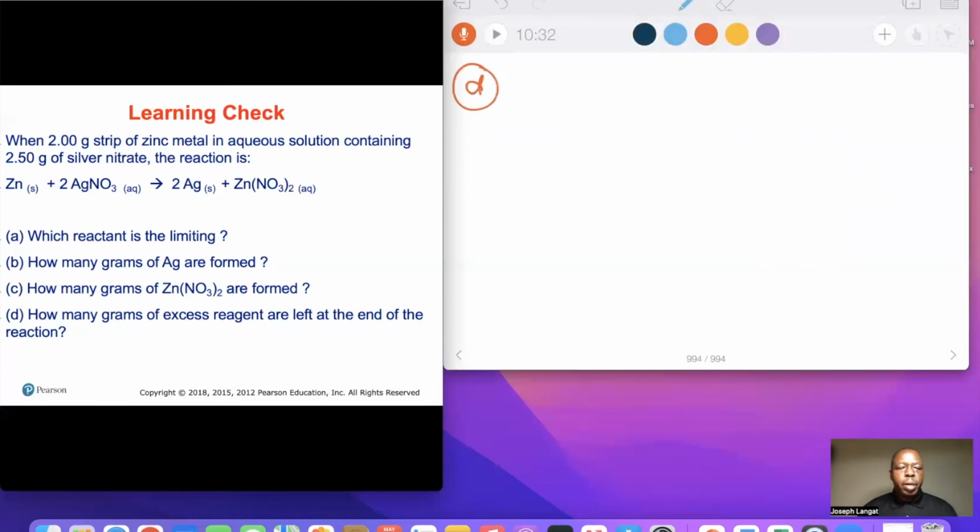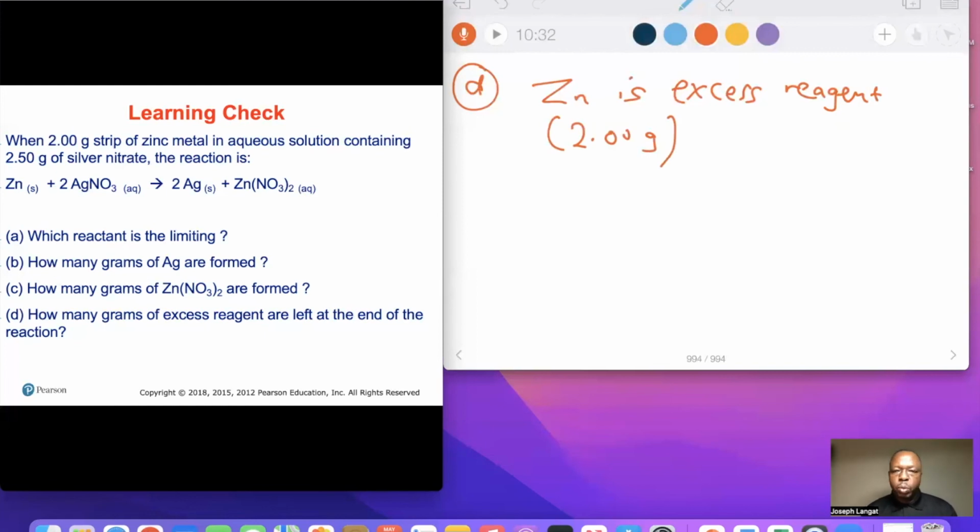So how many grams of excess reagent are left? What we know is zinc is the excess reagent, and we have 2.00 grams to start with. So something will be left over.